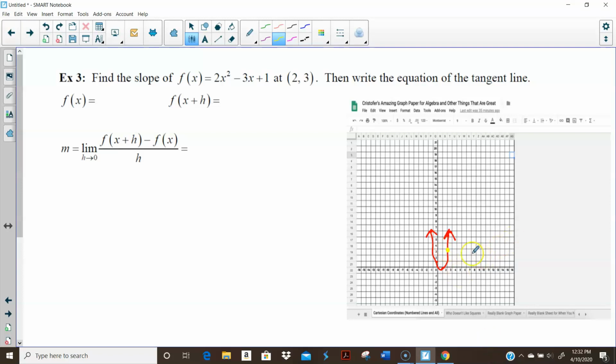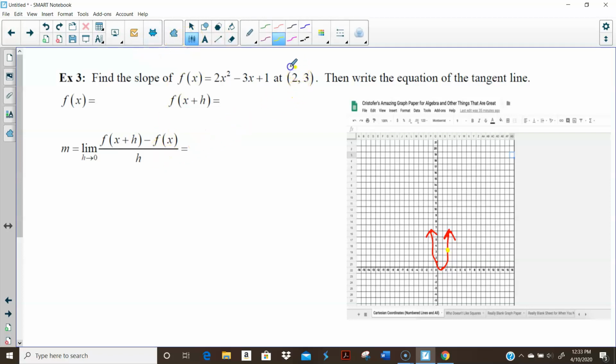And so I'm going to use a tangent line. If I can find the slope of that tangent line through that point, then I will be able to tell you the exact rate of change at that exact point, which is called instantaneous rate of change.